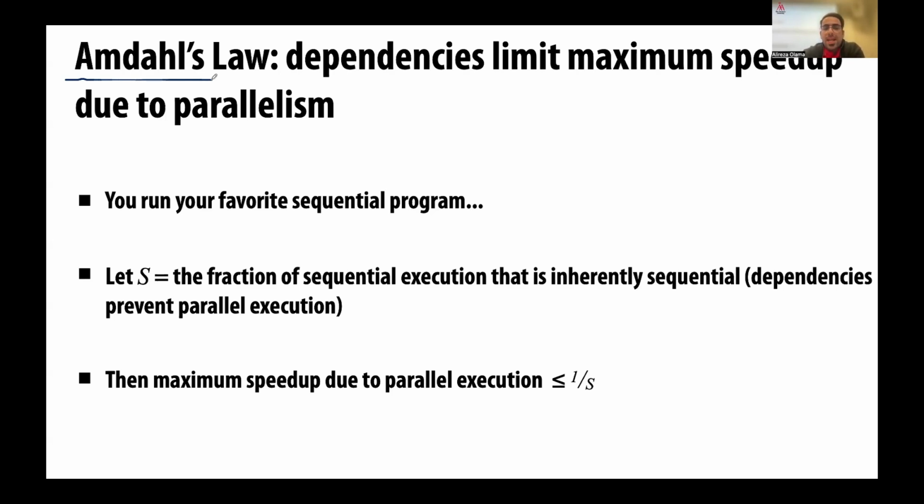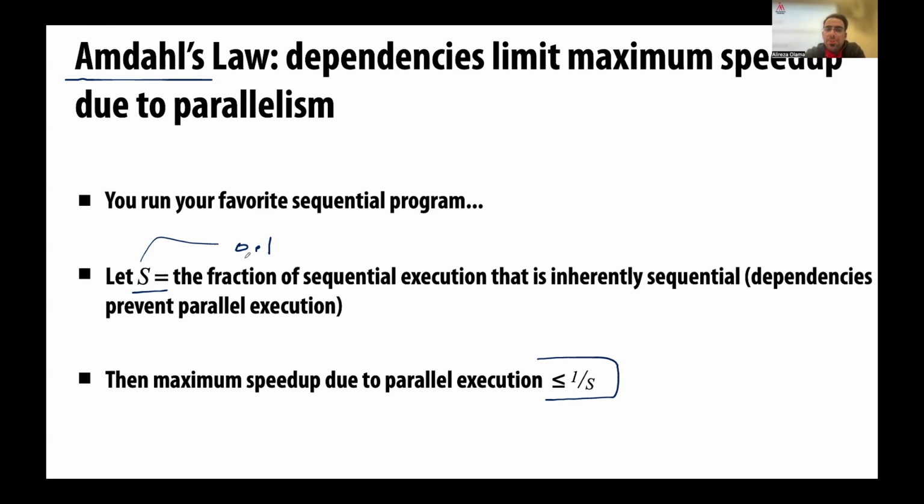It basically says that if you have a perfectly parallelized program, but if S portion of that program is serialized, as for example, S can be, I don't know, 0.1, so if 10% of your program is serialized, then the maximum speed up that you can get, even if you can parallelize the program perfectly without any synchronization or any parallelism overhead, is smaller than 1 over S, right? So this is a very important observation.